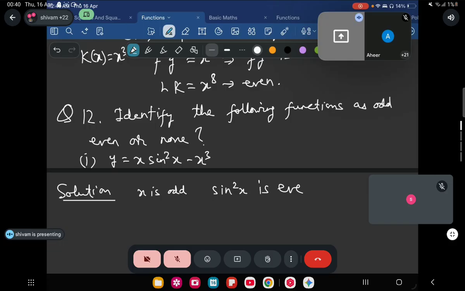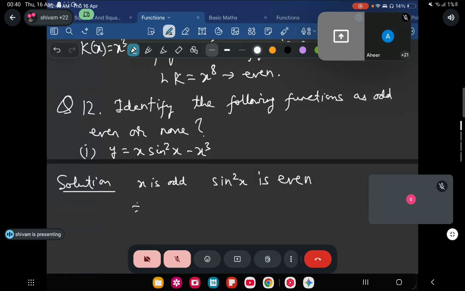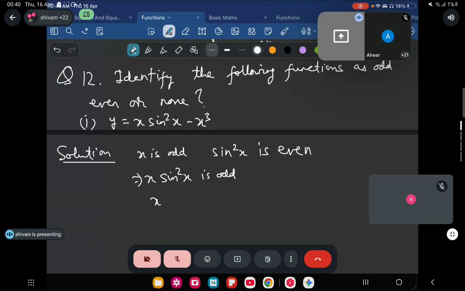Sine square x is even. This implies x sine square x is odd. Similarly, x cube is odd. Therefore, y is odd.